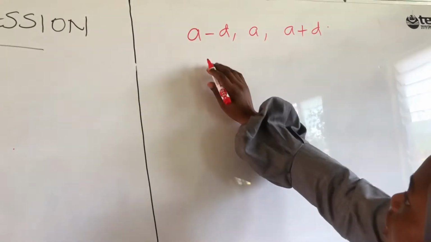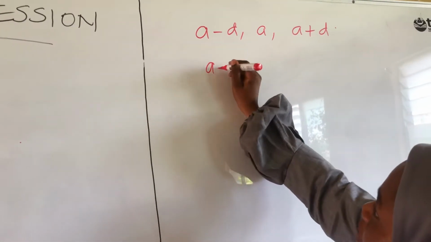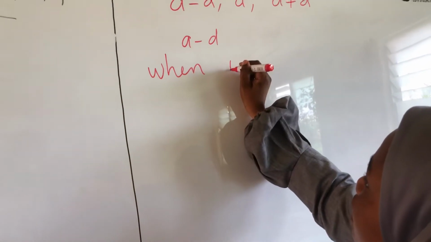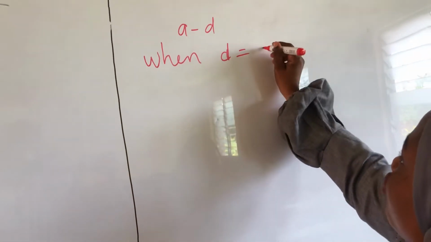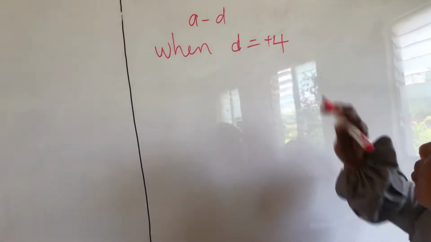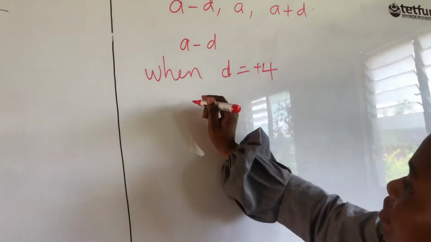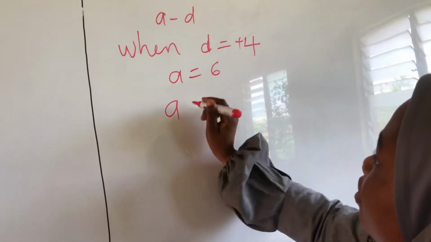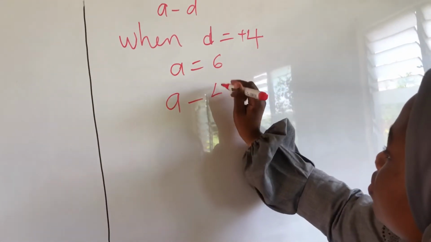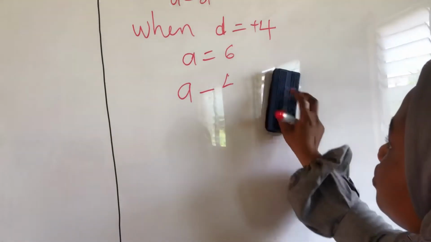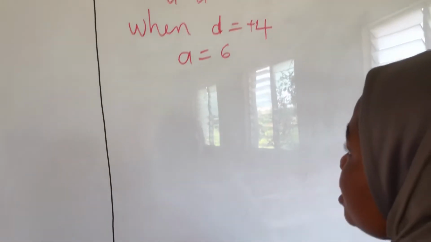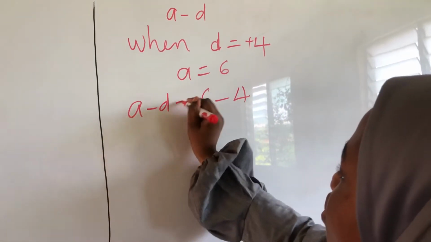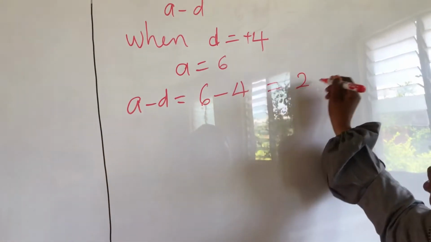Now to find the terms when D is equal to positive 4: A minus D, our A is equal to 6, so 6 minus 4, which is equal to 2.